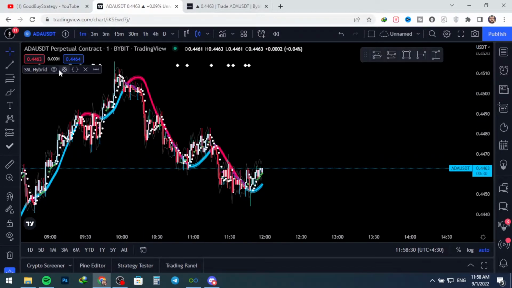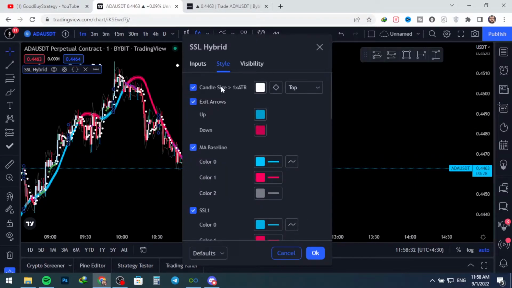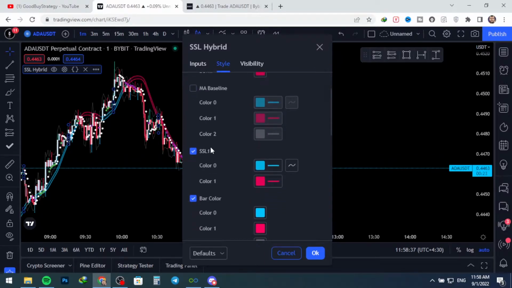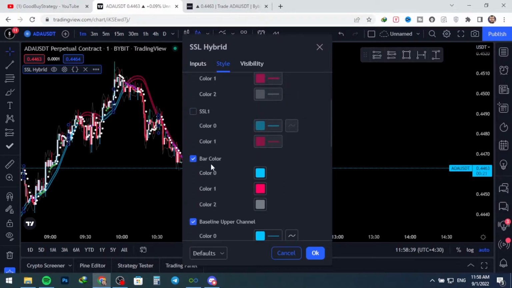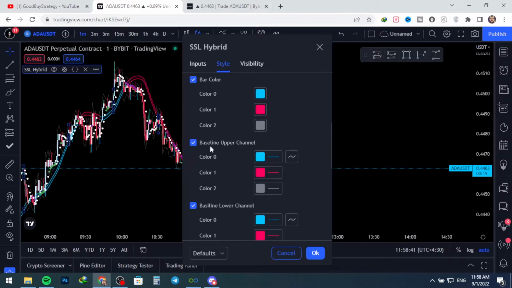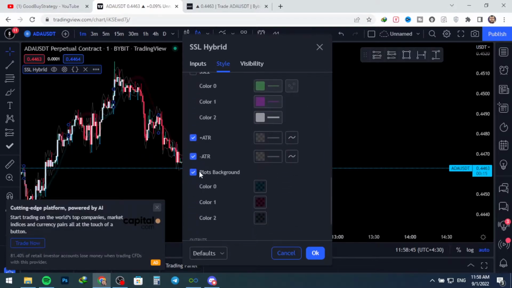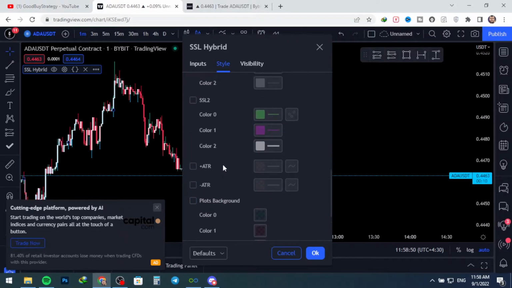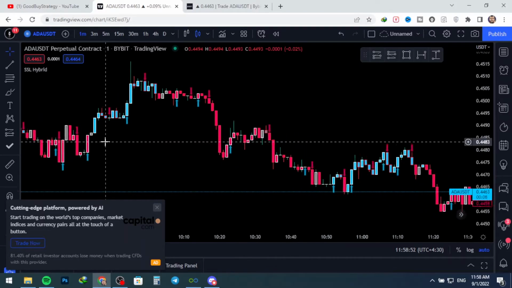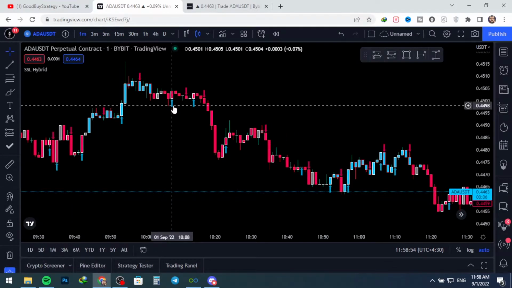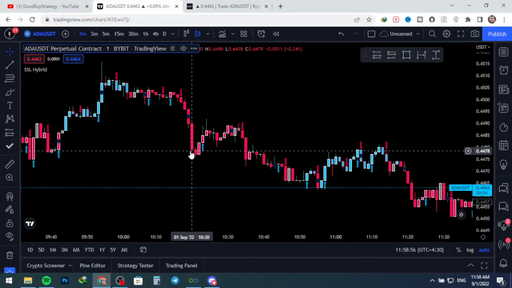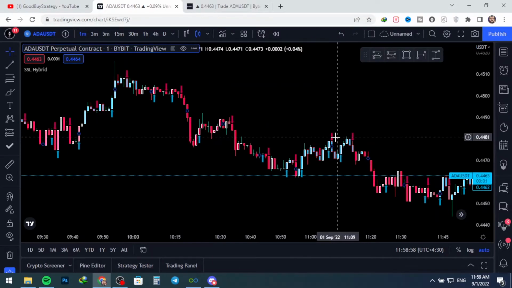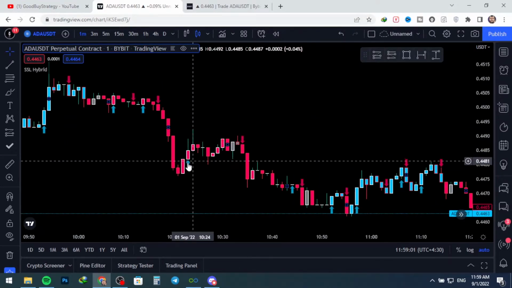Okay, go to settings, uncheck here, uncheck, bar color checked, baseline upper uncheck, lower uncheck, SSL2 uncheck, ATR plus minus uncheck. Okay, here the color of the candles changed and we see these arrows here.